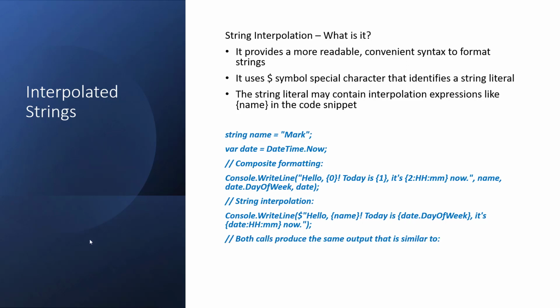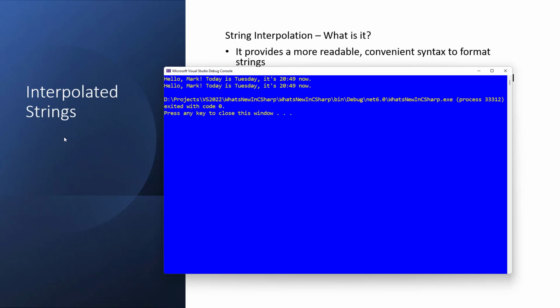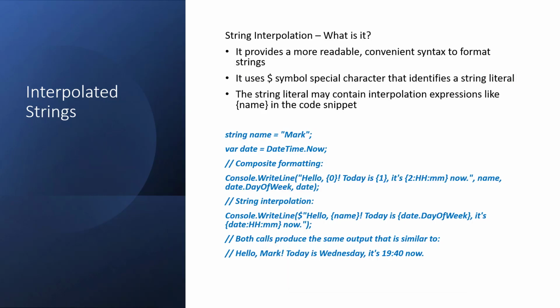Now both of these calls produce similar output, which is similar to: Hello Mark, today is Wednesday, it is 1940 now, whereas it could vary. Like I have just run the program a few minutes back and it says hello Mark, today is Tuesday, it is 2049 now. And where was the code? The code was again in my Visual Studio, which I will bring.